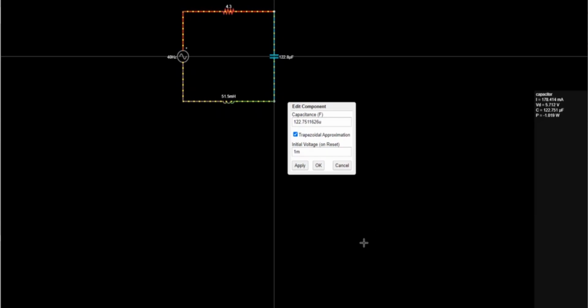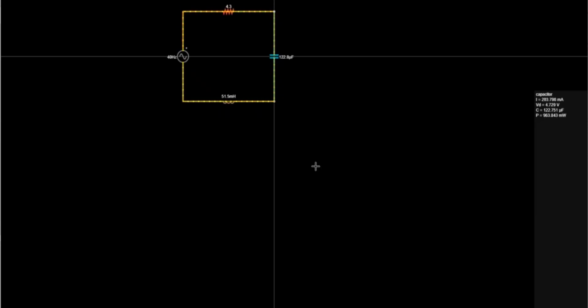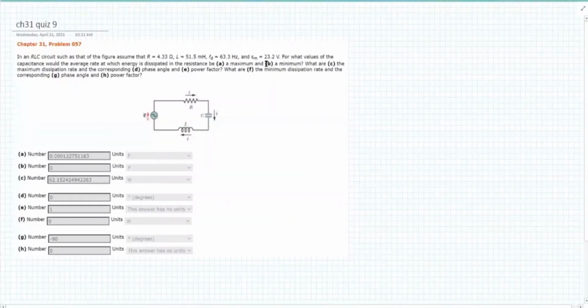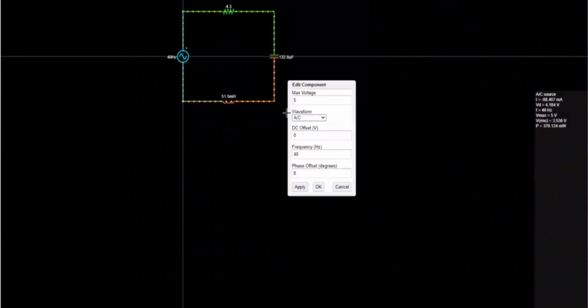All right. So let's talk about the EMF. My EMF hits a peak voltage of 23.2. Max voltage 23.2.